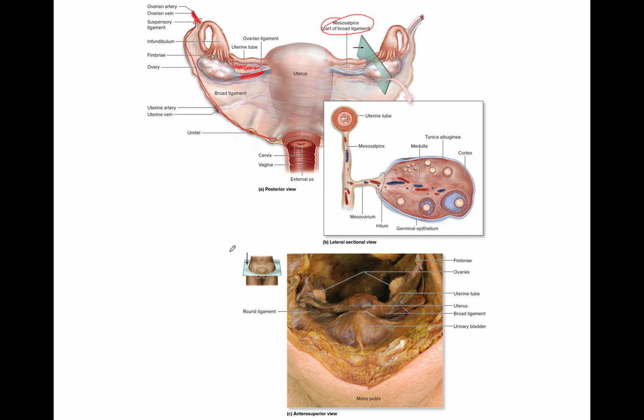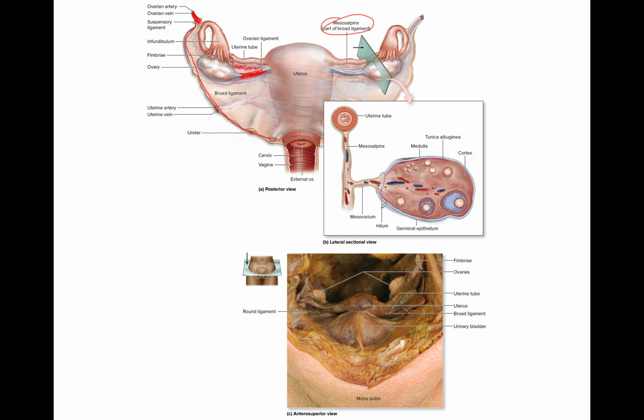Okay, you'll have another one called the round ligament as well, but we're just going to know this one and this one. So that's going to hold the ovary in place. Really, the suspensory ligament's going to hold the fallopian tube, but it has part of this broad ligament, and that's going to surround the entire thing.